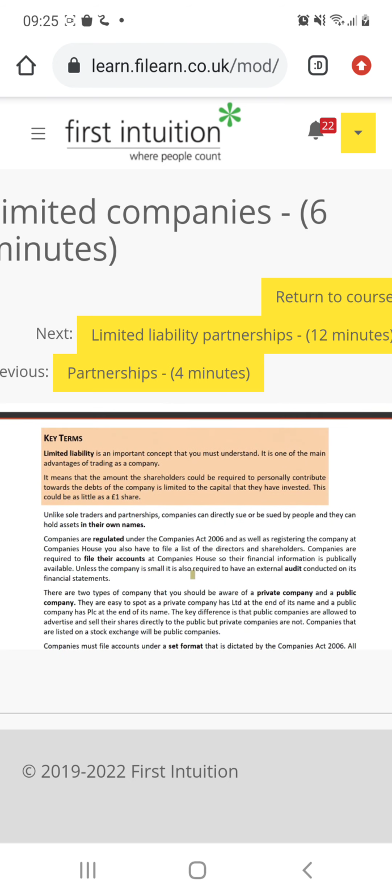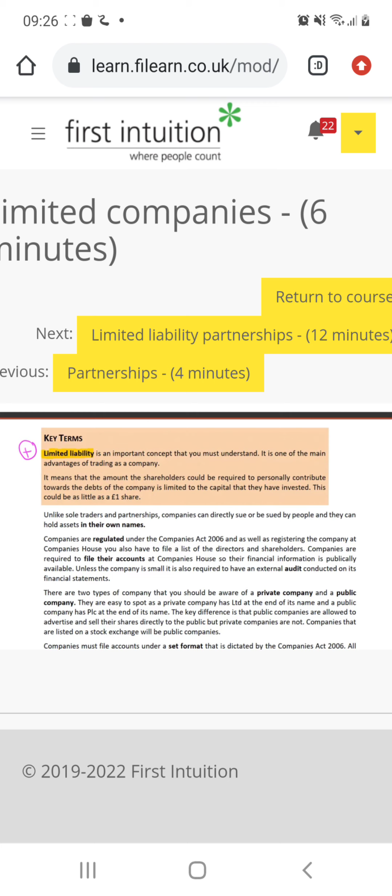Let's have a look at our key terms box here. This limited liability that we've mentioned is an important concept that you have got to understand. It's one of the main advantages of trading as a company.